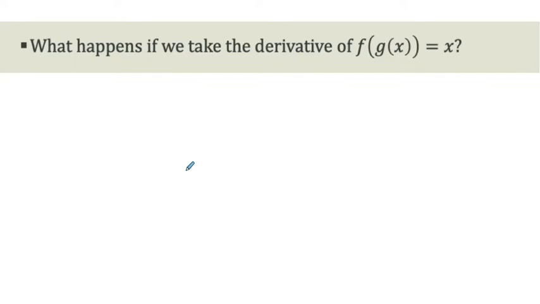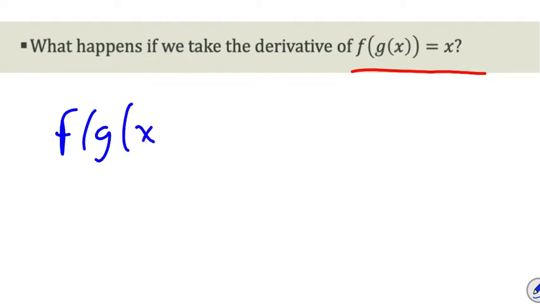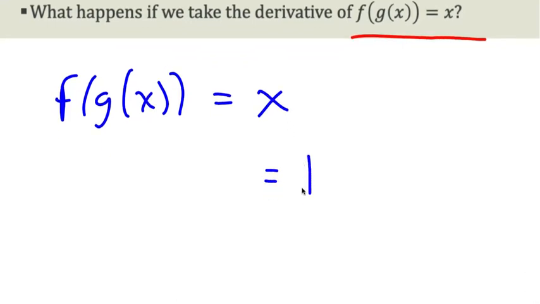So now let's apply calculus to this. What happens if we take a derivative of this? We've done a lot of derivatives. So f of g of x, what happens when I take the derivative of both sides? Well, the derivative of x is 1, so that's easy.